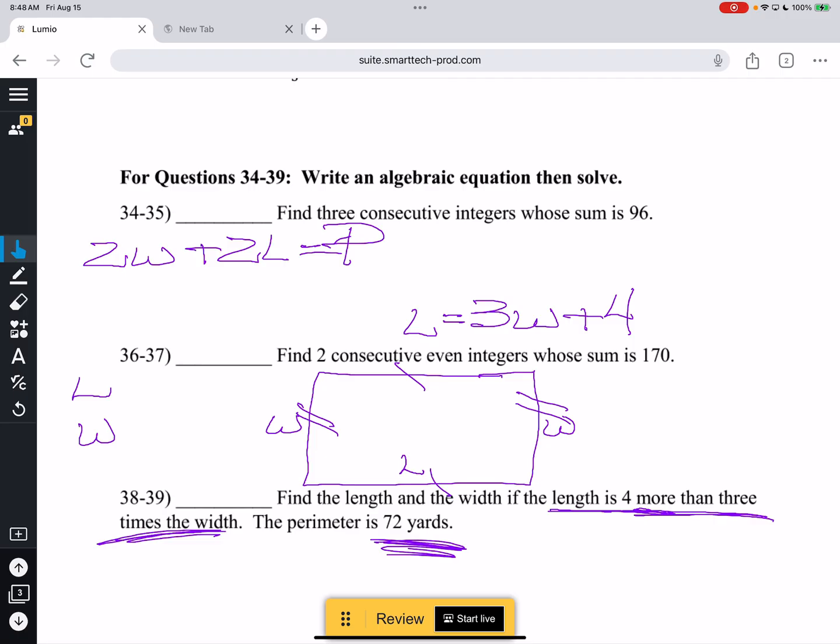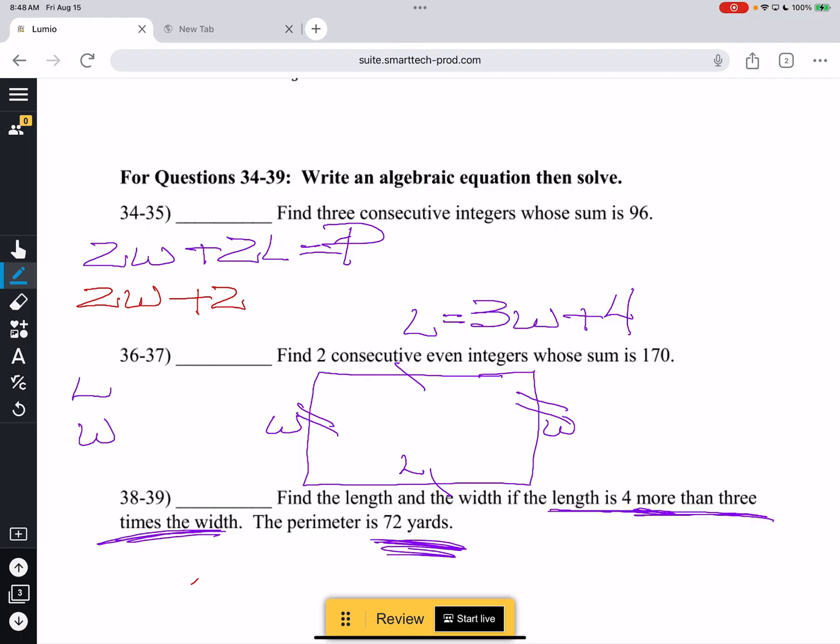So I'm going to change colors. So 2W, that doesn't change because we didn't have any way to substitute W. Then plus 2, but instead of the L, what will we put in its place?